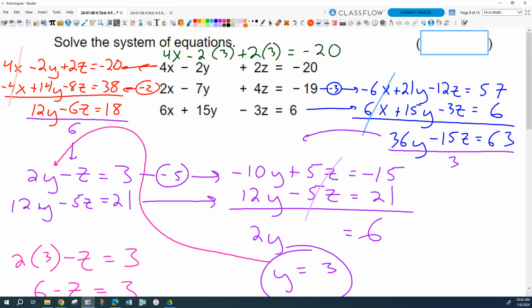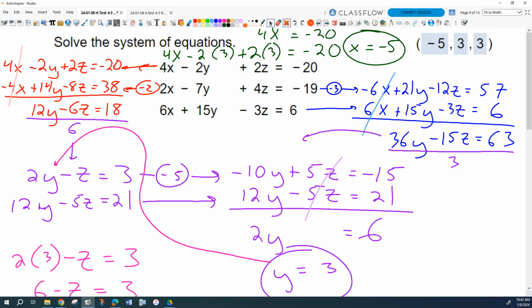What's that give us? 4x minus 6 plus 6, so just 4x equals negative 20. So what's x? And that's our answer, right? Makes sense?